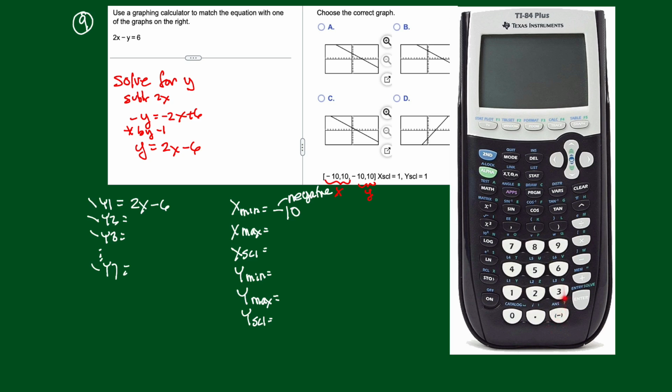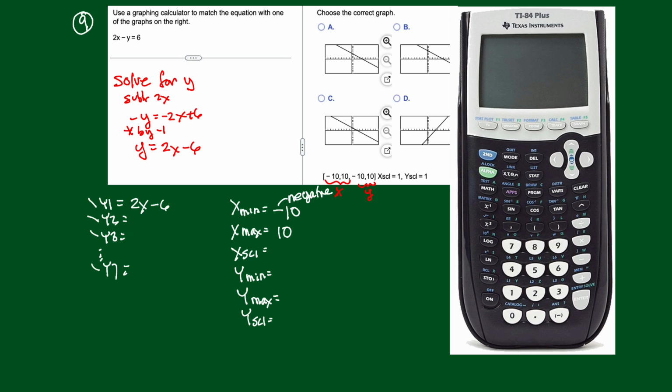Now the minus sign is here. The minus sign is used for an operation, like this number minus this number. But we don't have two numbers. We have only one number, so it's a negative. So when you write with a negative, you use this symbol right here. So type in negative 10. Then press enter, then go down and type in positive 10.